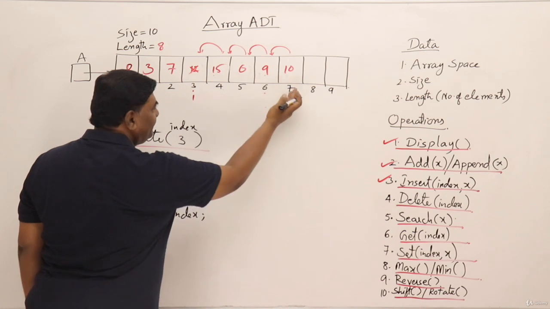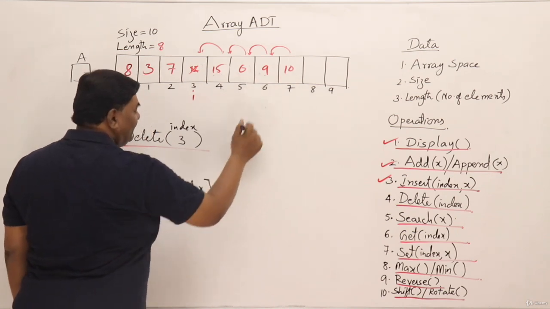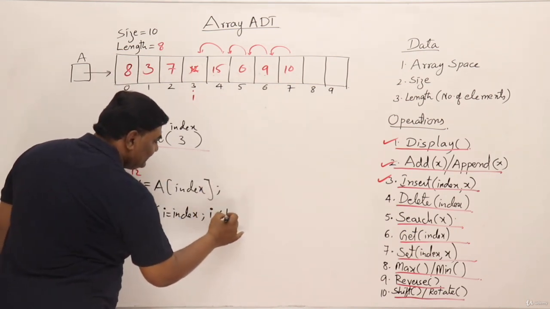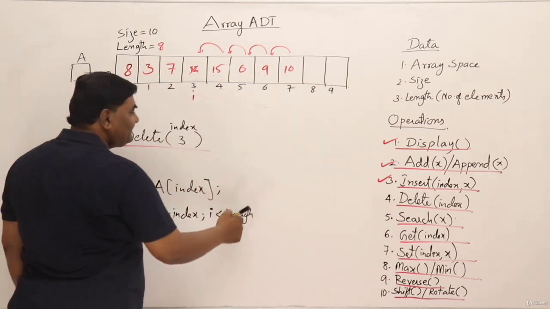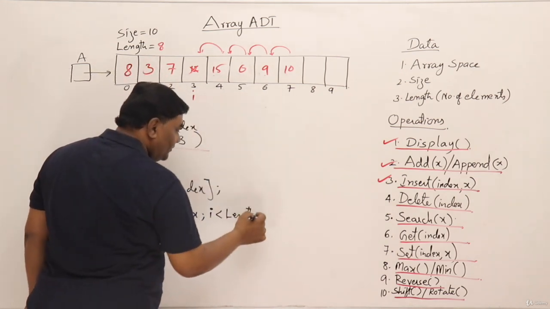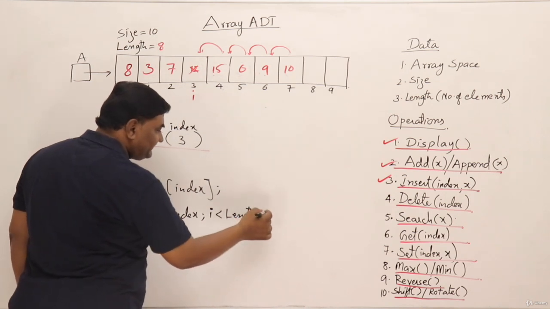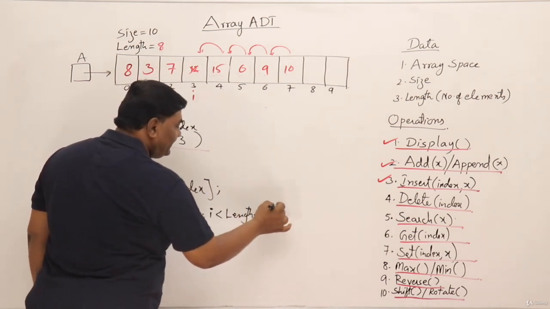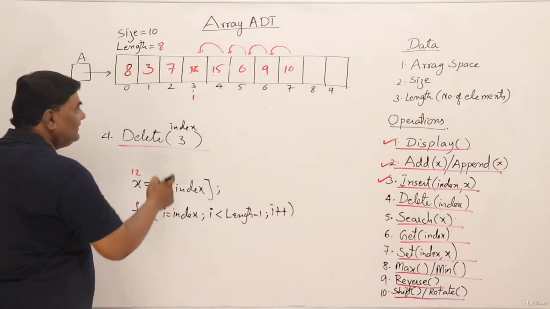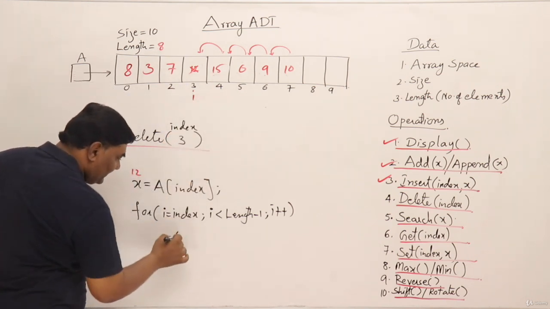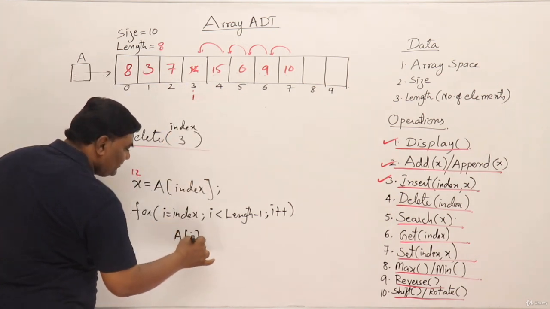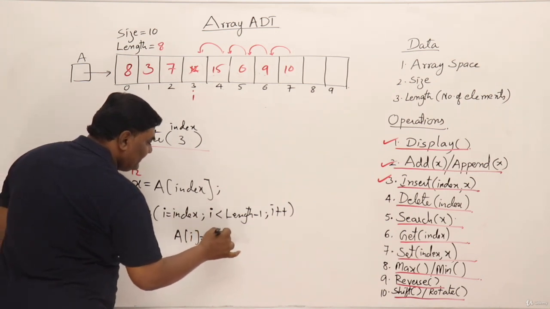Being at 6, it can copy the element from index 7. So I should be less than length. Actually length is 8, and less than length means 7. No, it should stop at 6. So I is less than length -1, and I is moving forward every time, so I plus plus. Now what does I have to do? Being here, it should copy the element from the next index. So at A of I, it should copy the element from A of I plus 1.